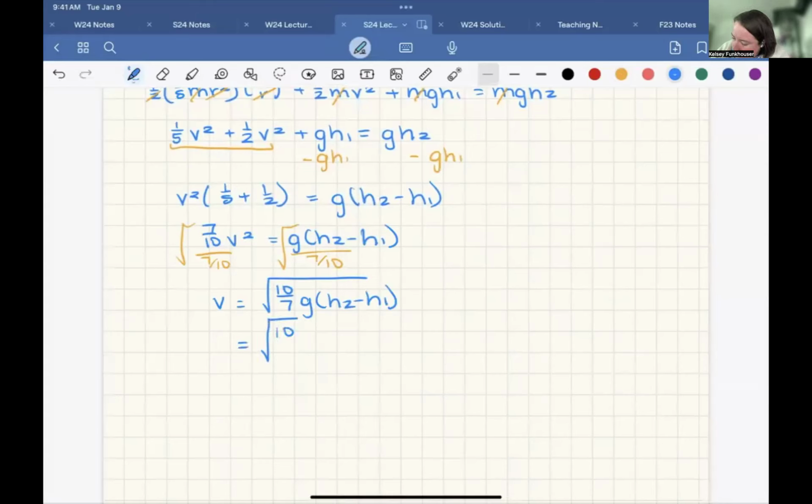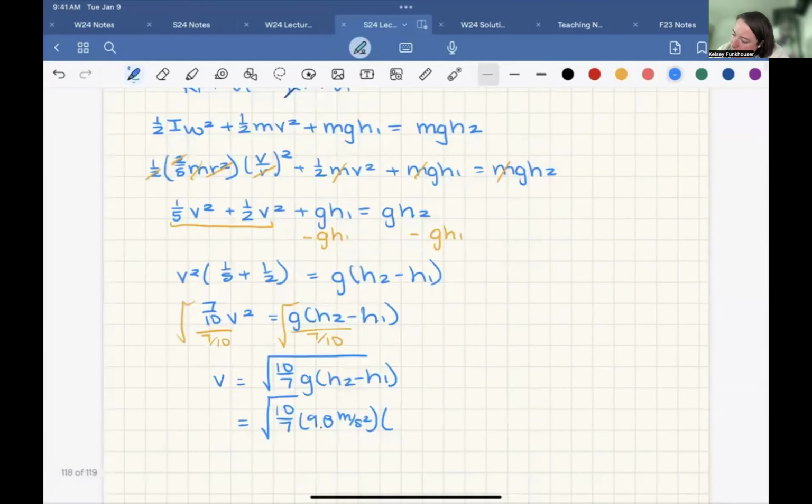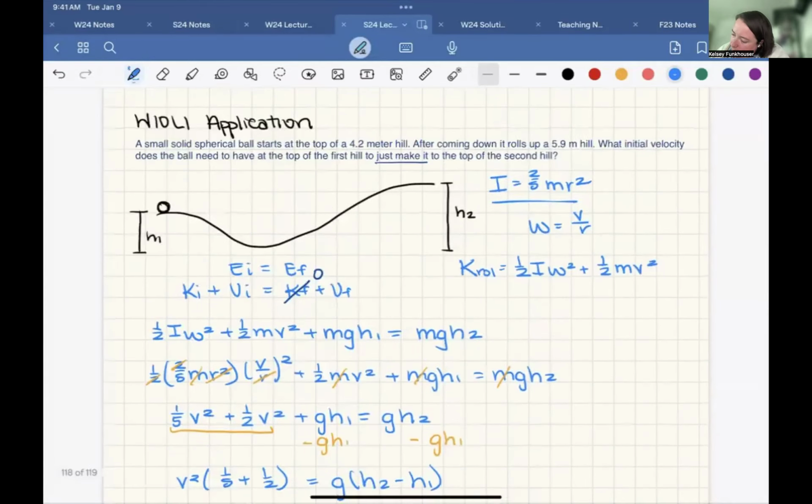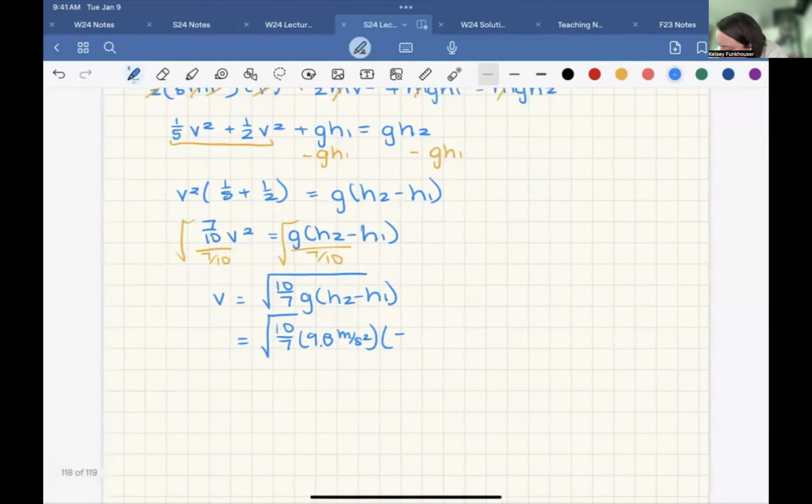Square root of 10 over 7 times 9.8 meters per second squared times, forgot the height, 5.9 meters minus 4.2 meters. This gives us an initial velocity, this minimum initial velocity of 4.9 meters per second.